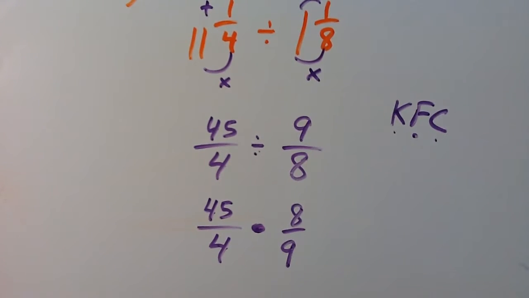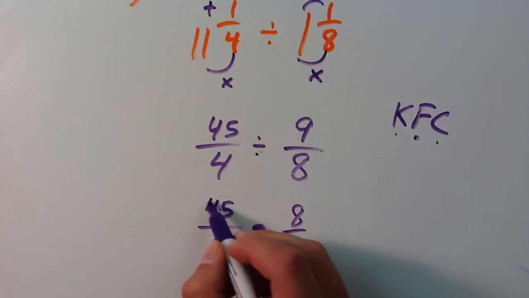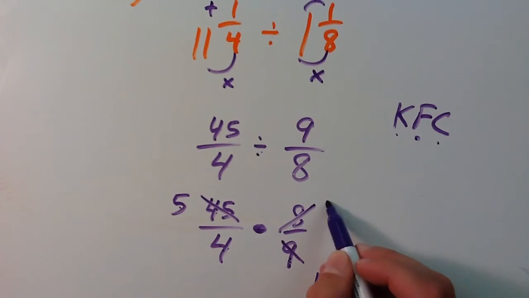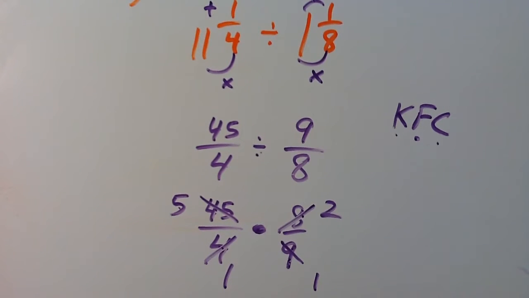Okay, now, because I'm multiplying, let's see, can I cross simplify? Well, here I have 45 over 9, and I know that 45 over 9 is the same thing as 5 over 1, right? Because 45 divided by 9 is simply 5. I know that because of my fact fluency. I also know that 8 over 4 is the same thing as 2 over 1, right? Because 8 divided by 4 is 2.